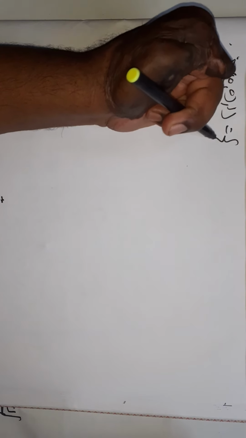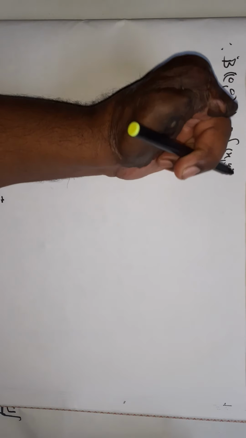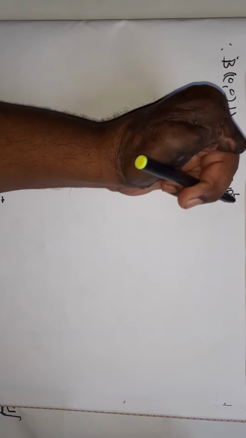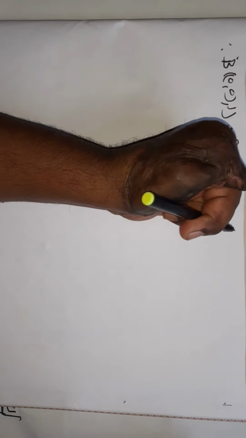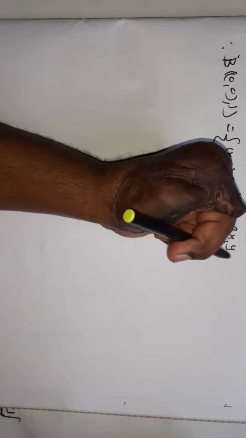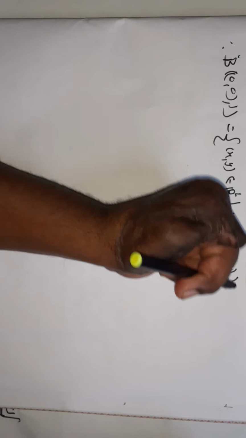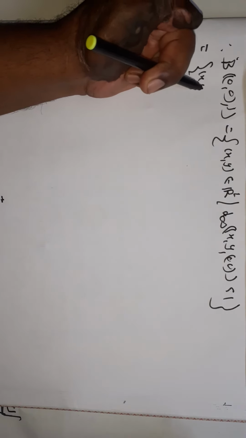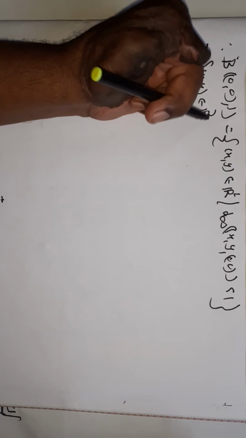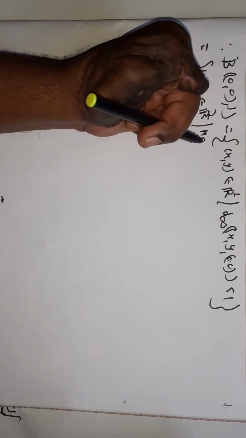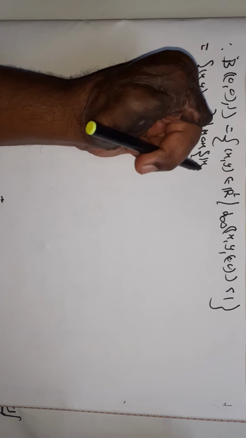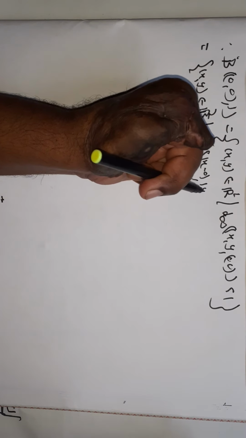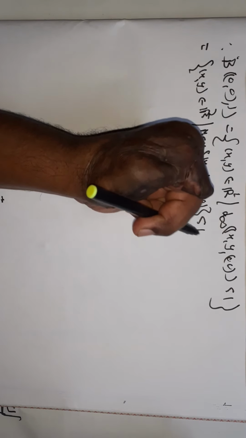The ball of 0, 0 and radius 1 is the set of x, y belonging to R2 such that the d infinity distance between x, y and 0, 0 is less than 1, which is equal to the set of x, y belonging to R2 such that the maximum of the set mod of x minus 0, mod of y minus 0 is less than 1.